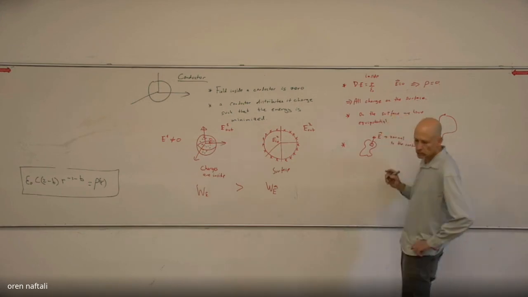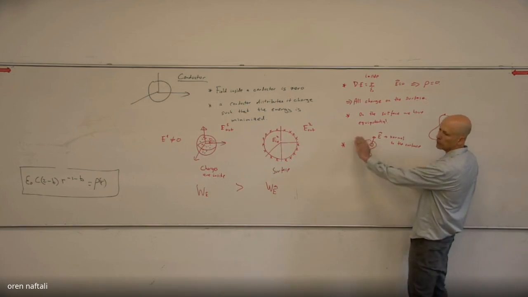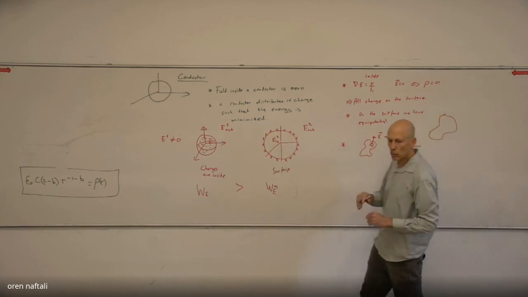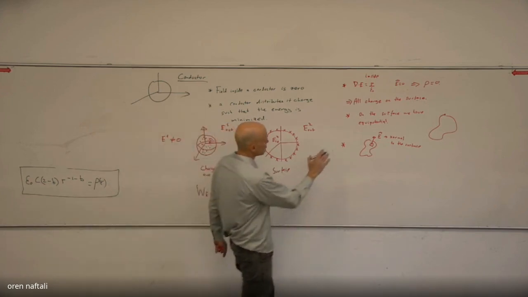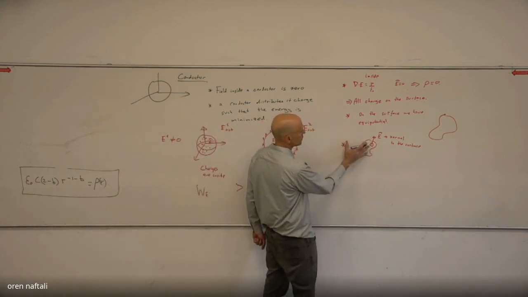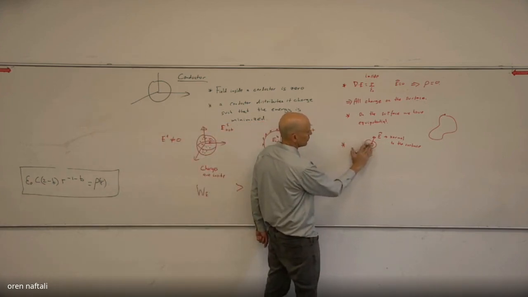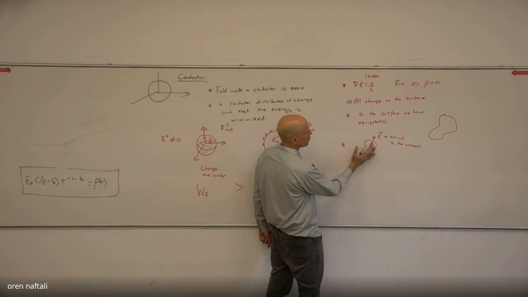Why is that correct? First of all, what is it in the plane? It's 0, because otherwise the charges would move. And obviously you have charges here on the surface. So there's no in-plane electric field because we don't allow currents. So it has to be normal.